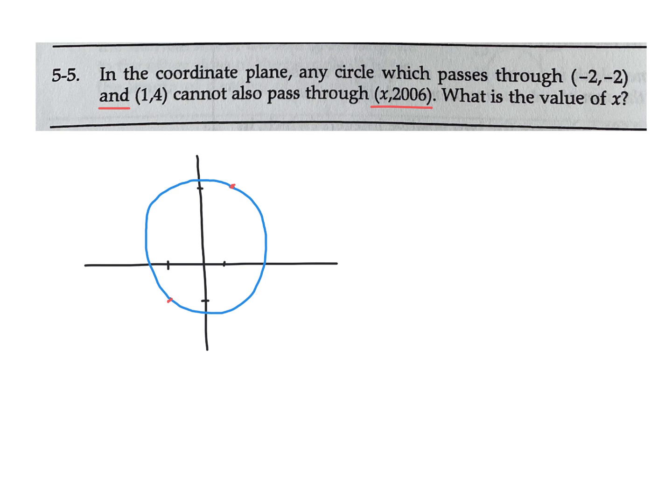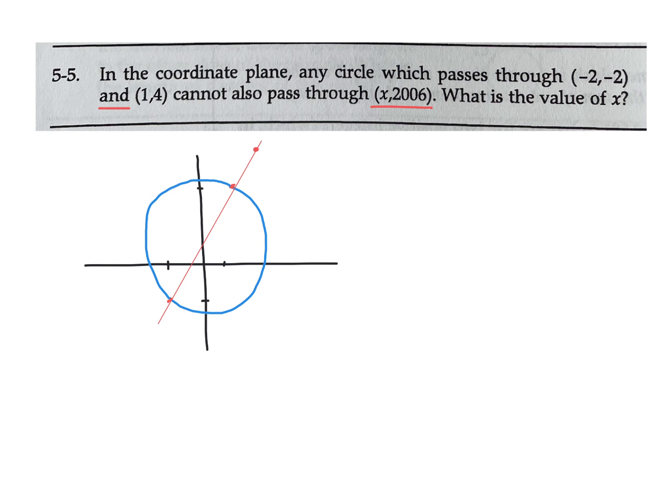Well, one thing is for sure: if you have a straight line, let's draw a straight line, and that straight line goes through those 2 points, then if you had a third point somewhere on that line, let's say here, it cannot be on the circle, right?